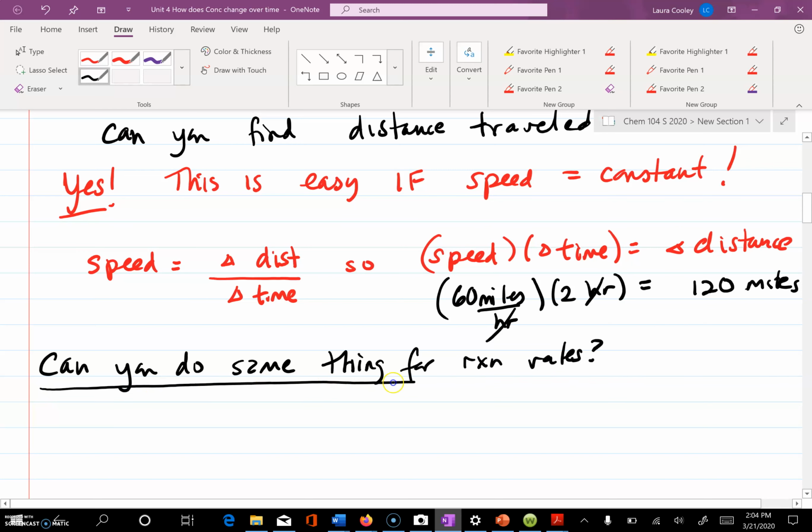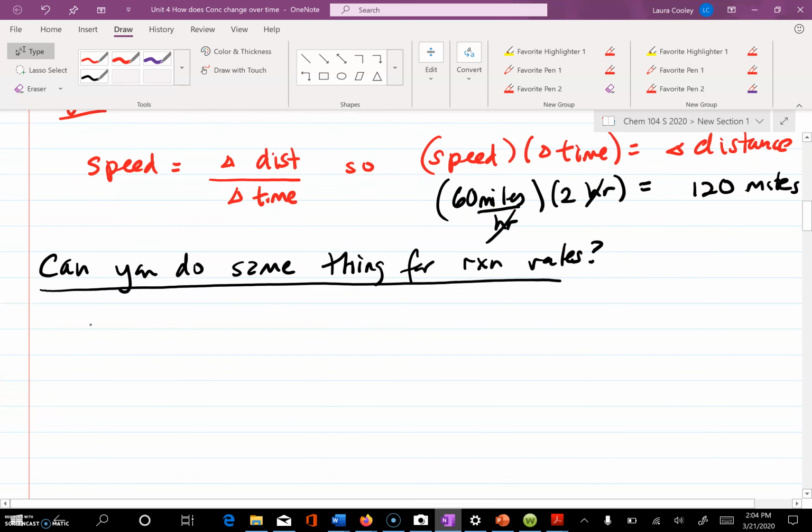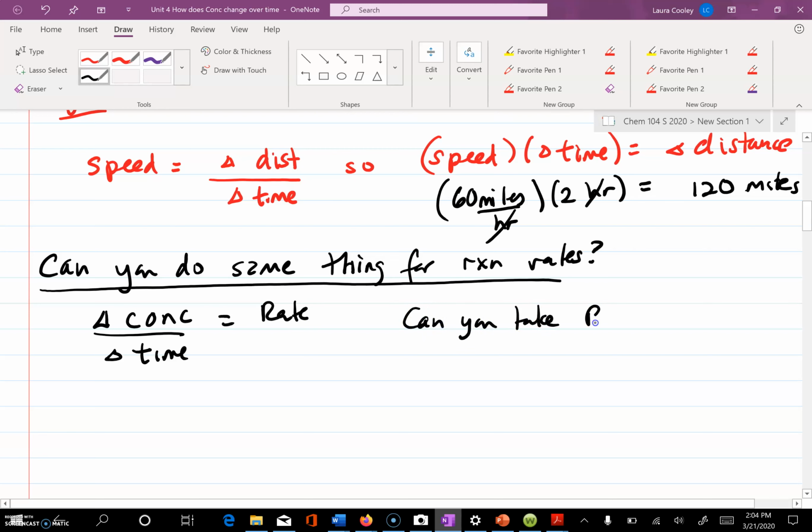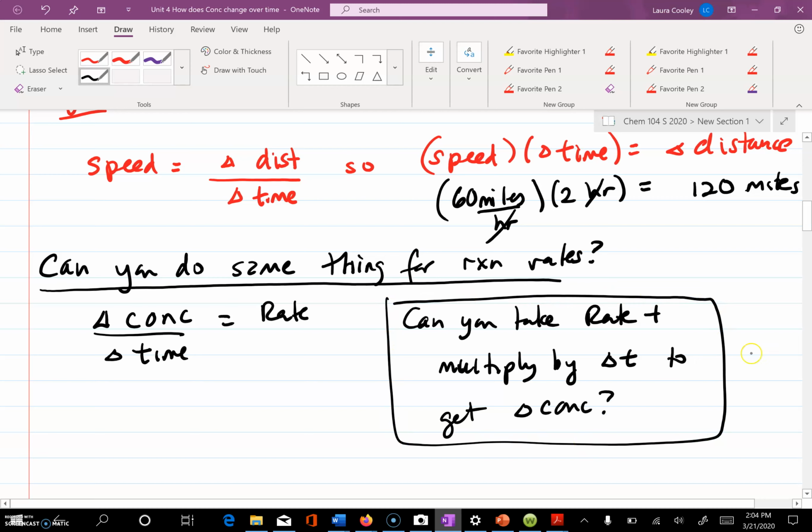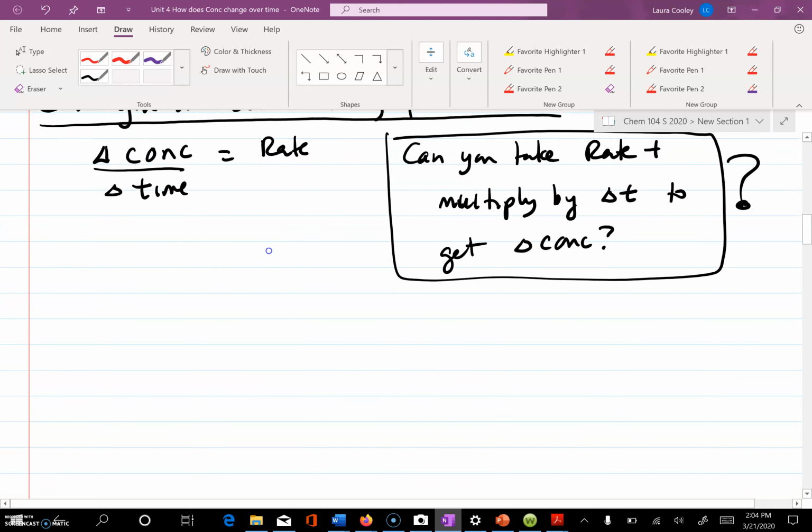In other words, since the rate is the change in concentration over time, right, can you take the rate and multiply by the change in time to get the change in concentration? Can you do this? What's the answer to that question?